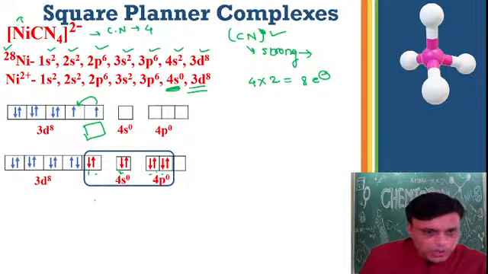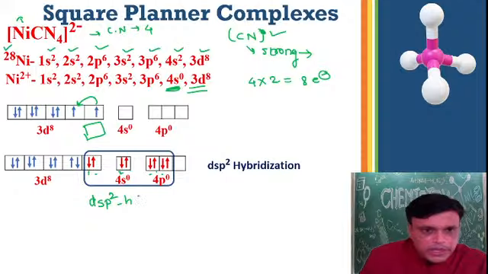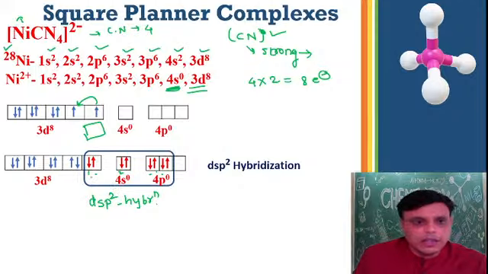Which orbitals? 1d orbital is there, 1s orbital is there, and 2p orbitals are there. So hybridization will be dsp2.